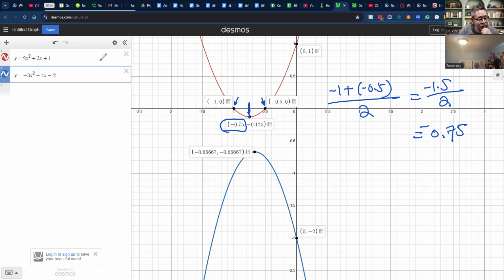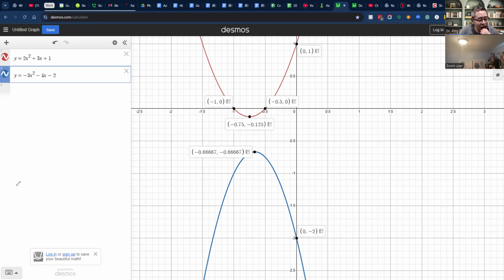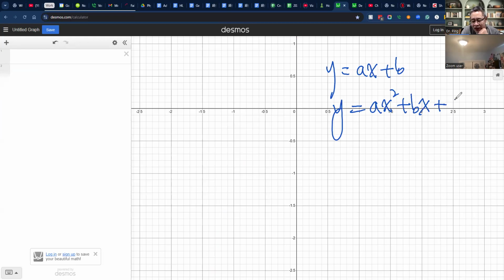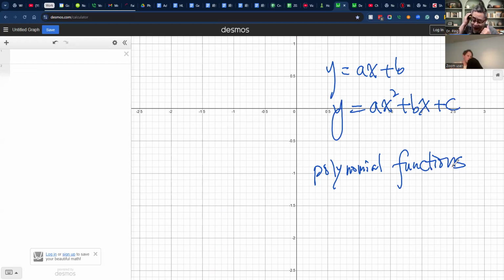Okay, now we're going to expand that into other functions. We call them polynomial functions, because the linear function and the quadratic function are part of the functions called polynomial functions. Poly just means many, nomial just means terms.